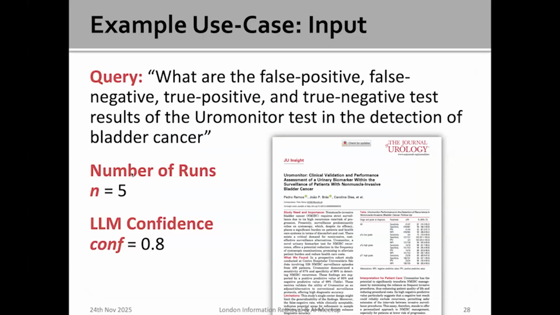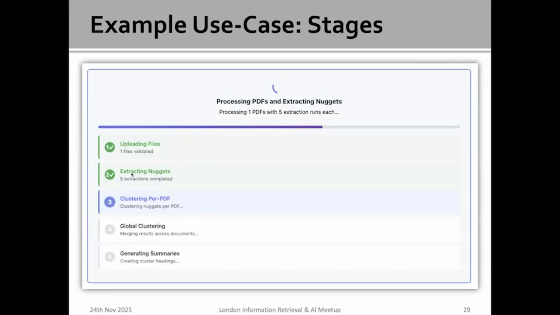And we will now run the extraction of information nuggets 5 times, and only those nuggets that appear in 80% of the extraction runs, which means at least in 4 runs, will be retained. All the other nuggets will be discarded because we don't have at least higher confidence of being actual relevant information nuggets. And then our tool is running through this process.